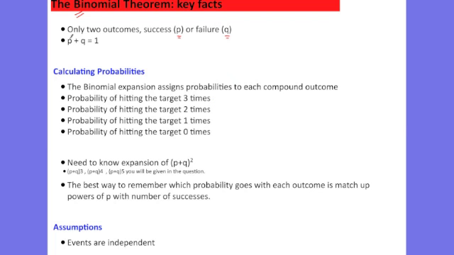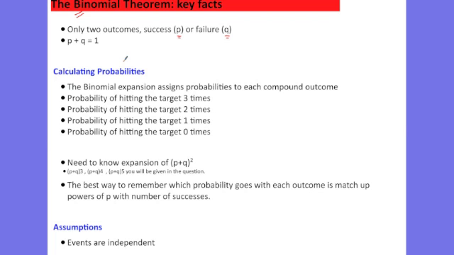Here we can see that the probability of success plus the probability of failure is equal to 1. The probabilities add up to 1. It's like the probability of something happening and the probability of something not happening adds up to 1. You need to be able to calculate probabilities, the likely chance of something happening.